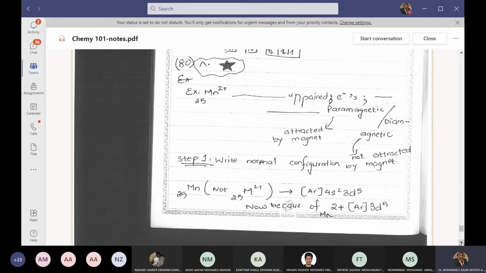This chapter, from quantum number to the end, whenever I finish, you will get at least 4 to 5 questions from this chapter only, maybe more, 5 minimum.